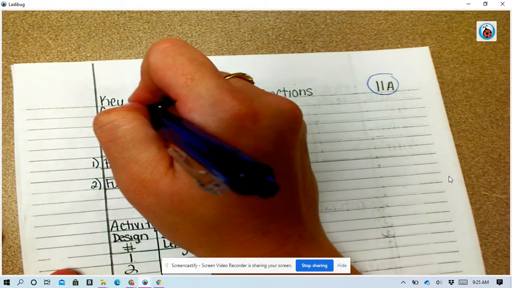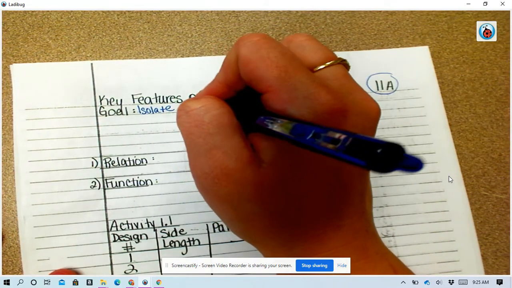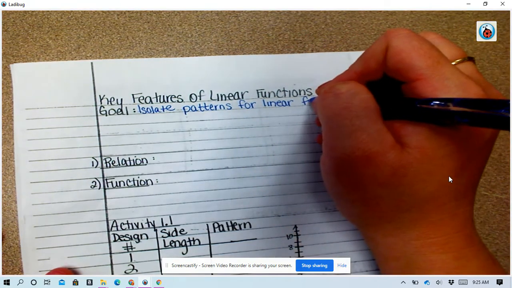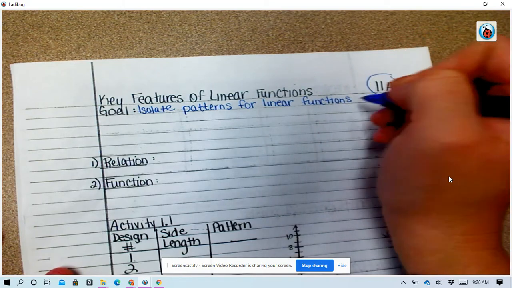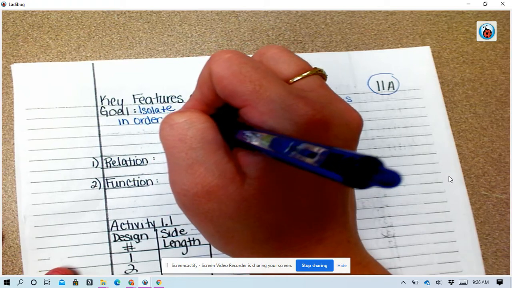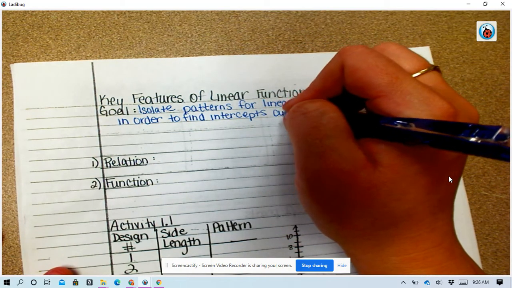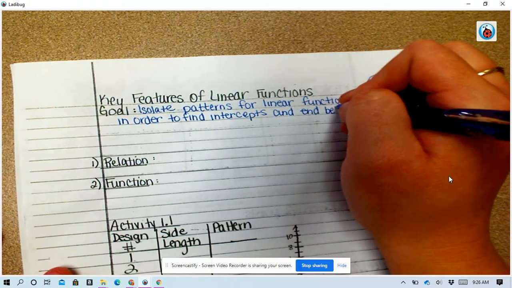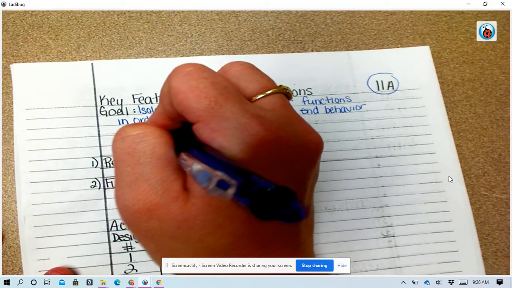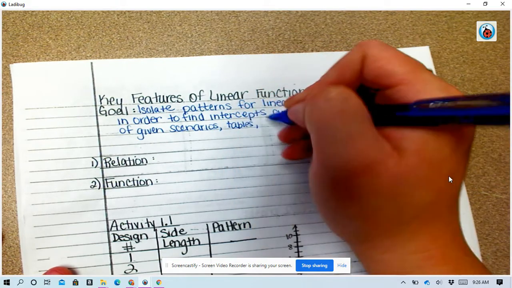So the goal for today is to isolate patterns for linear functions in order to find intercepts and end behavior of given scenarios: tables, graphs, or equations.